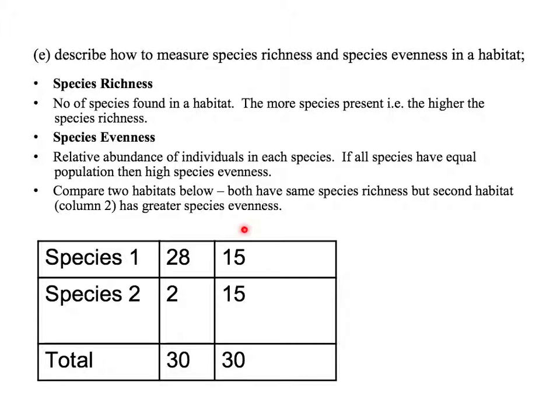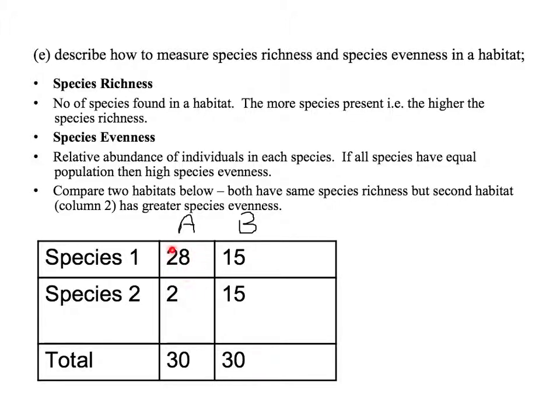In fact, let's just label these habitats. Let's say this is habitat A and habitat B. So we have a species richness in both A and B of 2, because we've got the same number of species in both habitats. But if you look at the distribution, the relative abundance, in the 2 habitats, we get quite different pictures.